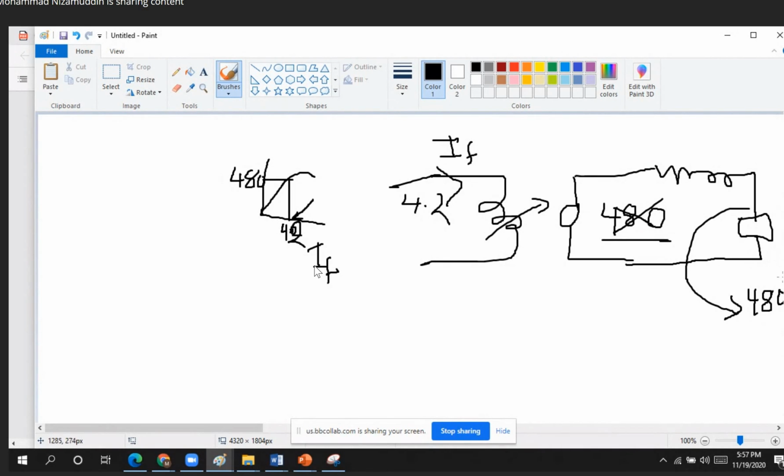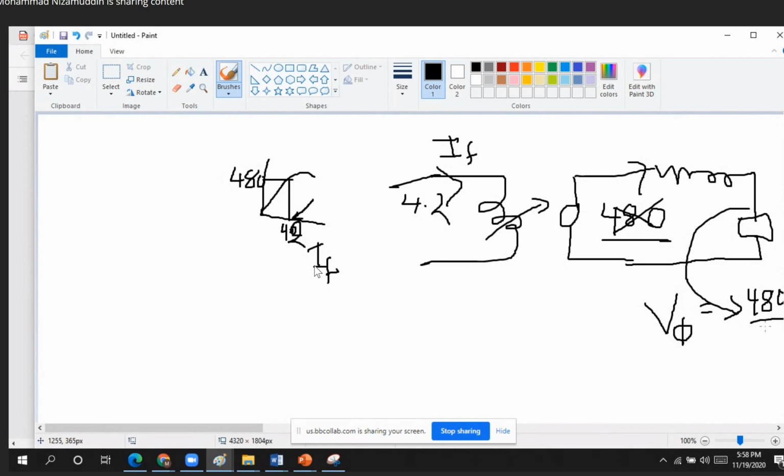Sorry, this is not E. This is V phase, and this is constant now. So this is the way you can tell whether it is V phase or E_A.